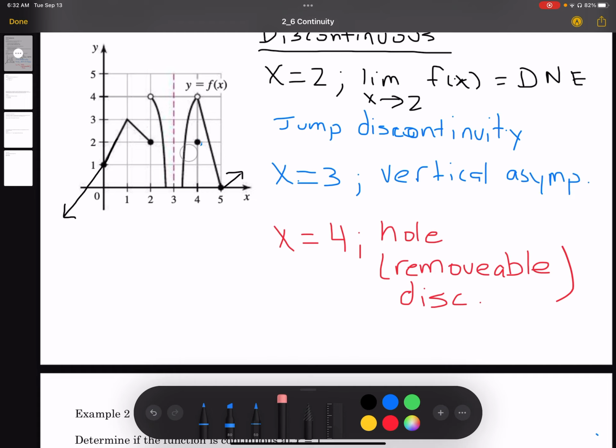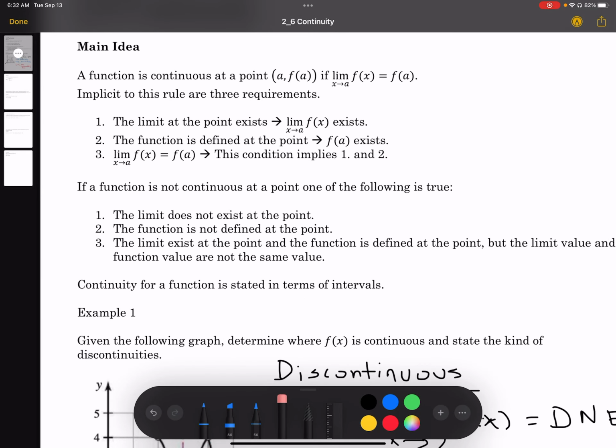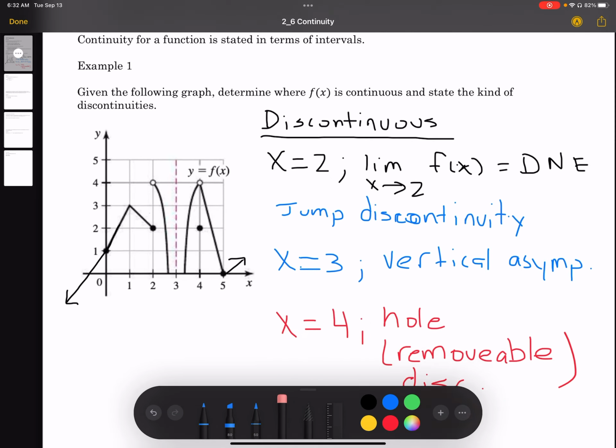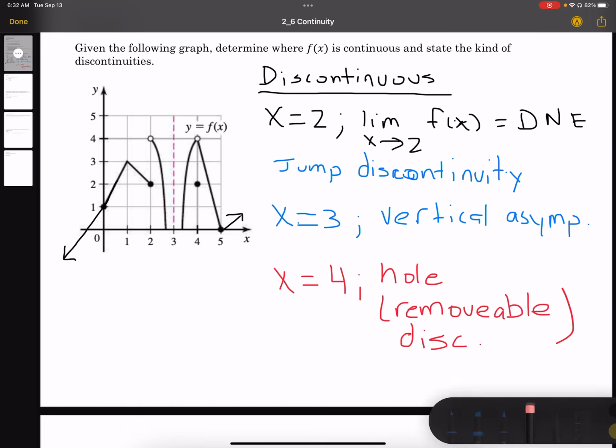So in this case, this will be that third case where we have the limit exists at the point and the function is defined at the point, but the limit and the function value are not the same thing. So that is why the function is not continuous at x equals 4. So let's write that. We'll write this all in red.